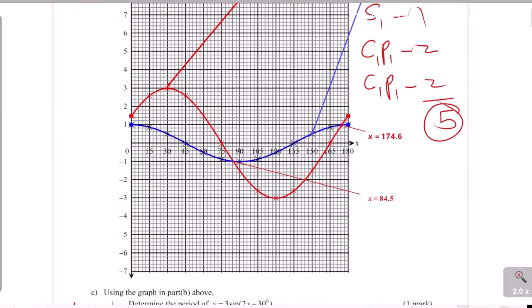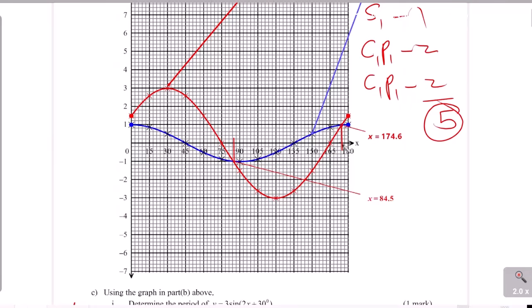So if you just draw a straight line from here, down there, you read this angle that is here. This point of intersection, read this angle, that will be 84. Then the other one again, you do the same. They're intersecting at this point, so you drop downwards there.